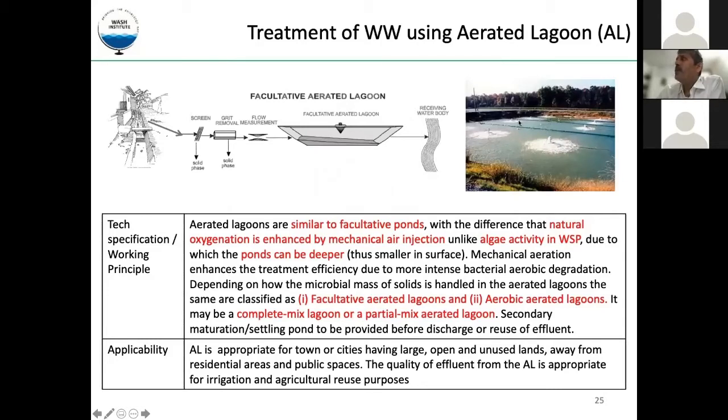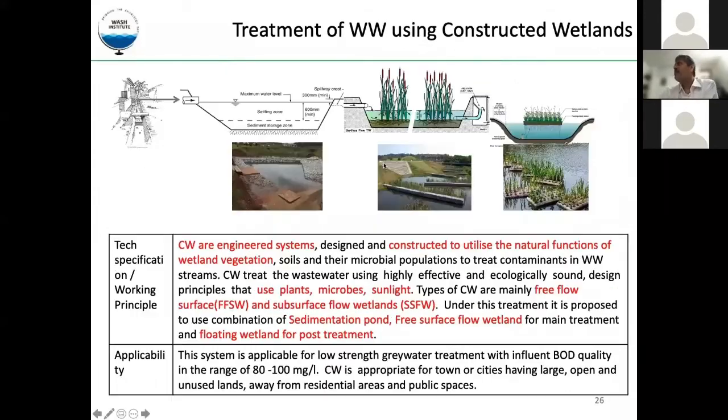Normally, you would have seen this in a mechanical system where the oxygen is put into the water using aerators, a fan kind of device which mixes air into the water, and through that the oxygen is also used.